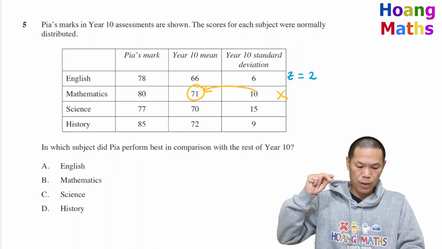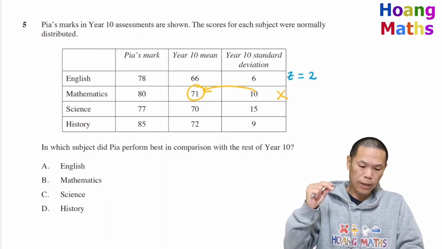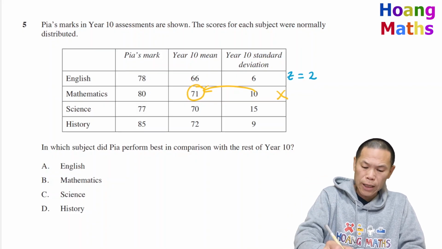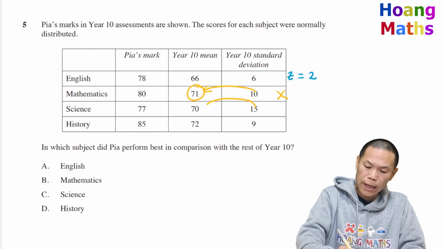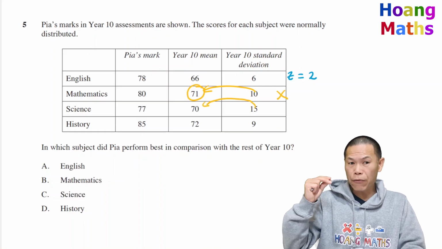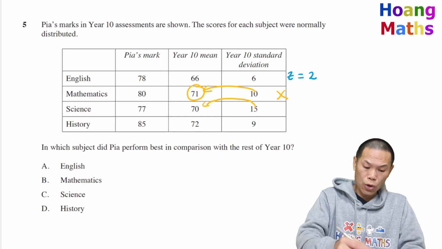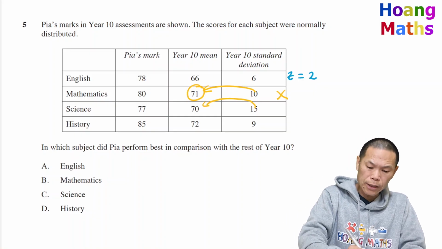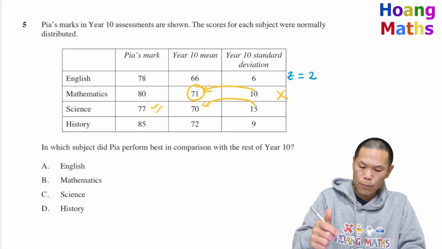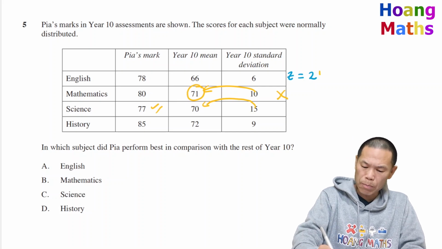This means her English is better than maths. Keep that in mind. For science, if we add one standard deviation to the mean, that will be 85 marks, right? Pia only has 88 marks. So English is still the best.